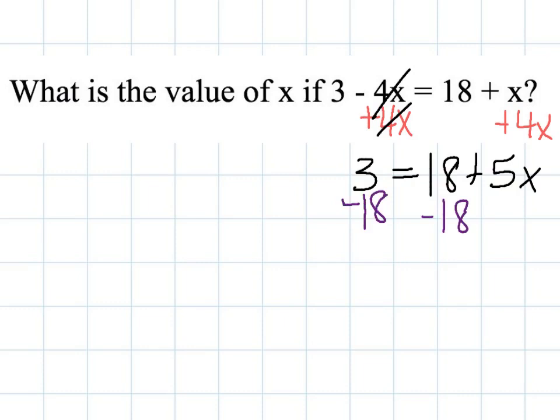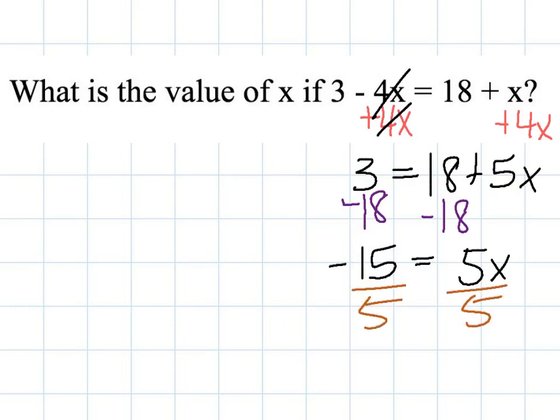So that then is going to give you 5x on this side, and it's going to give you negative 15 on this side. And then your next move is going to be to divide by 5. And so then your final answer is going to be x equals negative 3 because your 5's cancel.